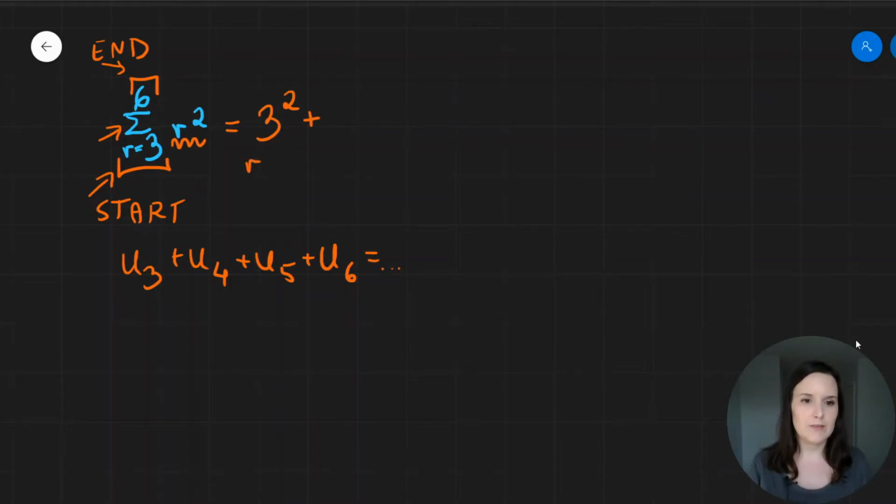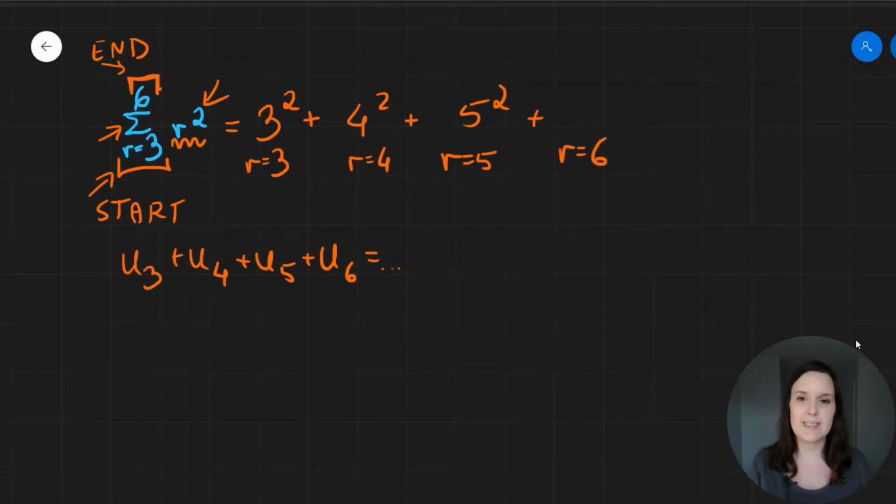so that was r equal to 3. That's how we start. Then r equal to 4, the next r, so 4 squared, plus the next r is 5, so 5 squared according to the formula. The next r, and the last one actually, because we were supposed to end at 6, is 6 squared. And that's what we add up. And that's 9 and 16 and 25 and 36.